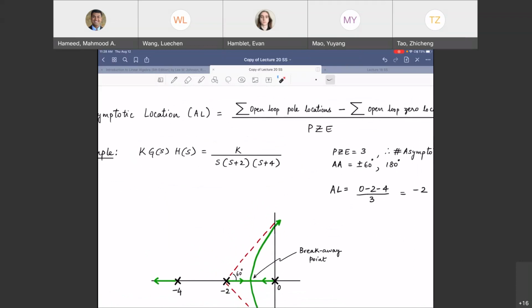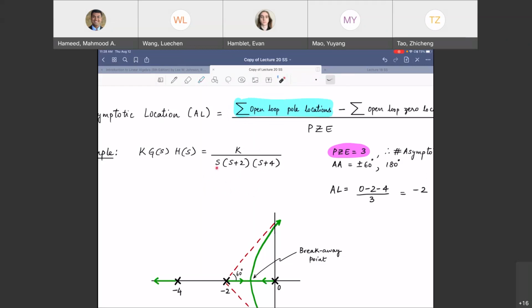So let's try to find out the asymptote location for this particular example. You are given a loop transfer function. You have no zeros. You have 3 poles. So right away, you know that pole zero axis is 3. Next, what are the locations? Let's try to find the summation of the open loop pole locations.